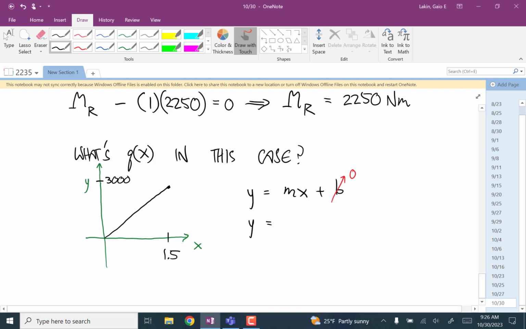But then you're multiplying it by x, so you get newtons per meter. I sort of stopped thinking about the units with this kind of stuff. They do work out, but I don't think it helps much to think through the units as you're doing this. So 2000x, that's our function, and that's q of x.